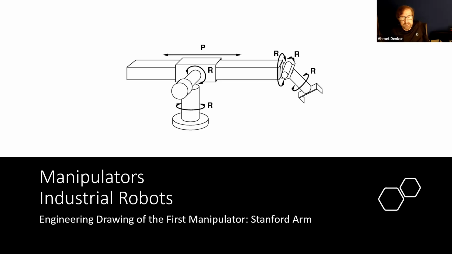So that's why 6 is important. With 6 independent motions, or 6 degrees of freedom, you can almost make any motion in space. So this is quite a capable robot with 6 degrees of freedom.